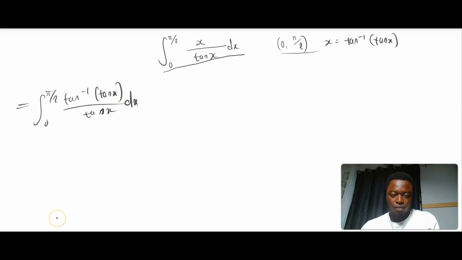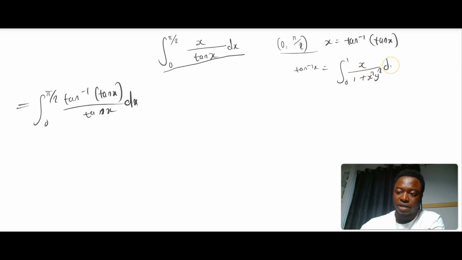dx. So next, we use the fact that tan inverse of x is equal to the integral from 0 to 1 of x divided by 1 plus x squared y squared dy.